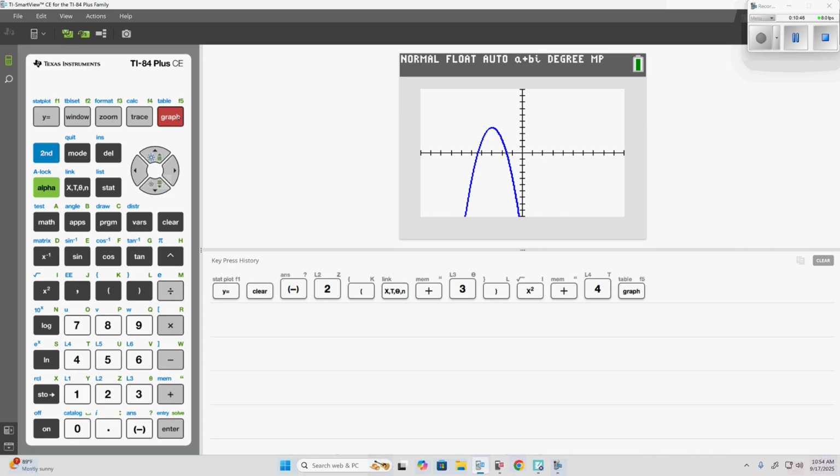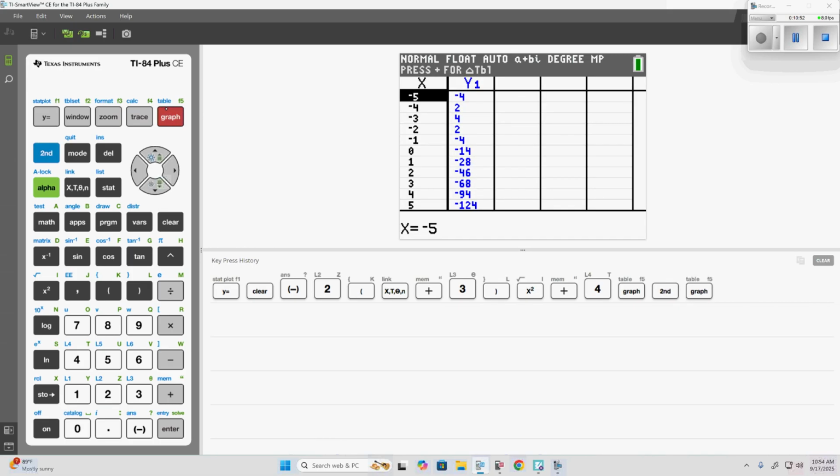And we can look at this here and see, is the point -3, 4 on this graph? So as we see here, -3, 4, scroll up, is this point here. It is on the graph, yes?